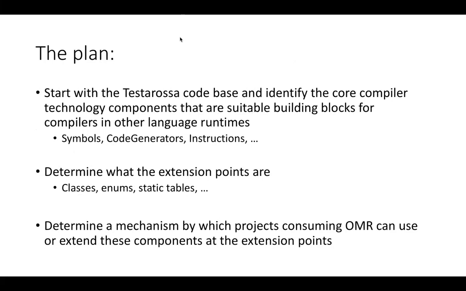And what we did was we identified the core pieces that would be interesting enough to build parts for other compilers and other language runtimes. So, for example, things like symbols and instructions and registers, that kind of thing. All these different kinds of classes that you'd find in that technology are definitely applicable in other compilers as well.